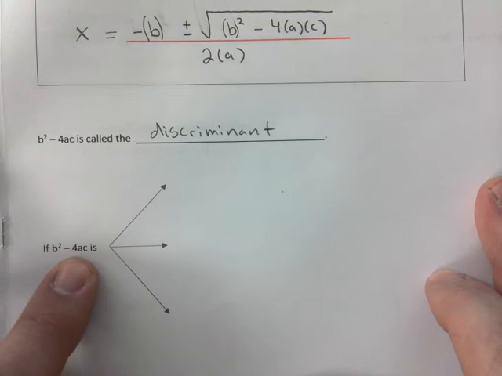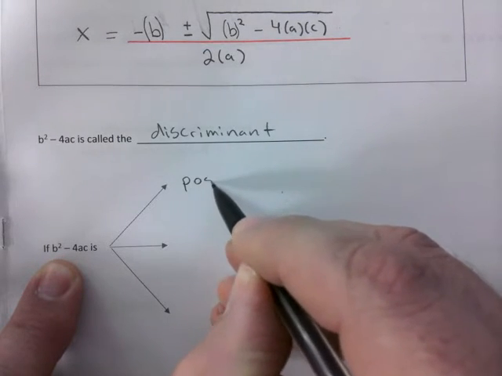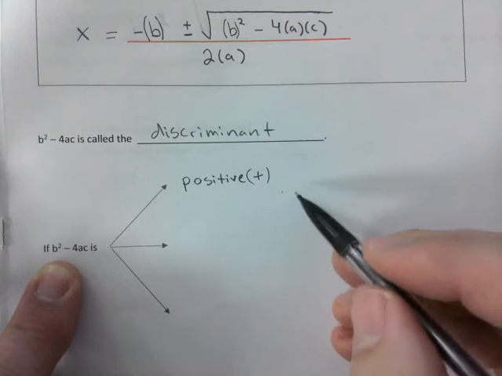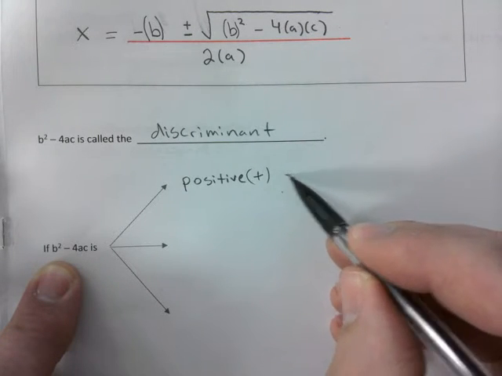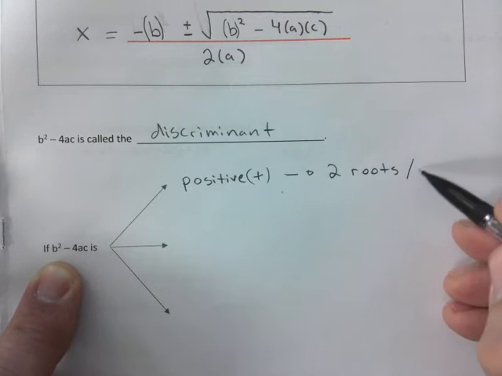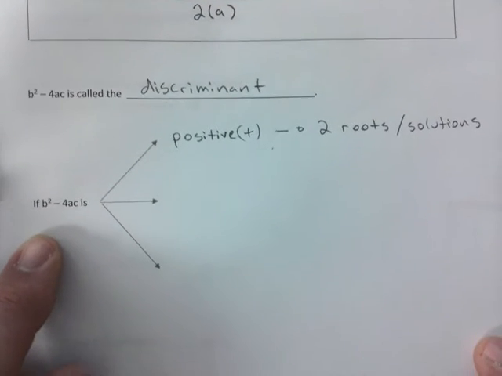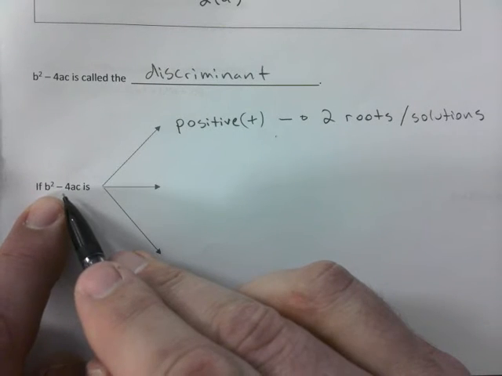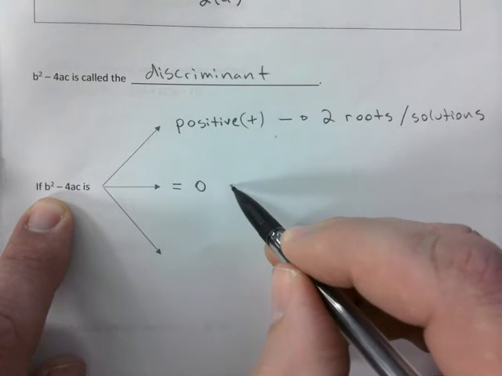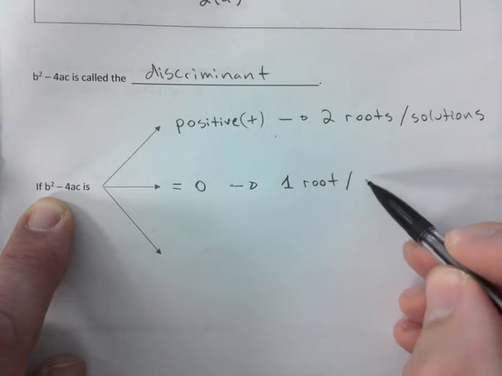So if b squared minus 4ac, if you type in numbers there, is positive, then you'll have two roots or solutions. If b squared minus 4ac is equal to 0, you will only have one root or one solution.